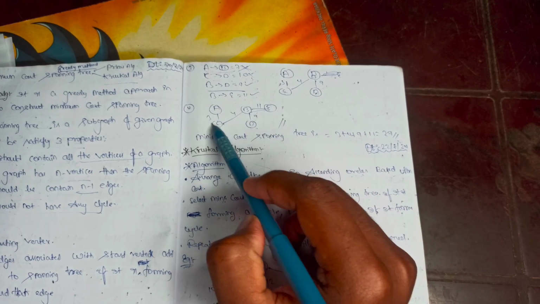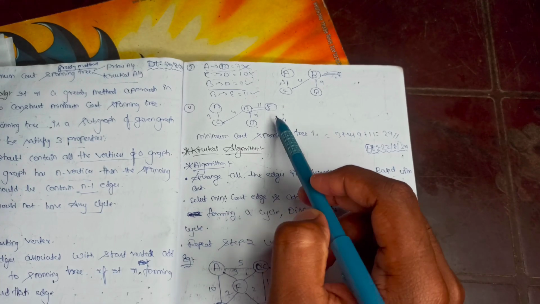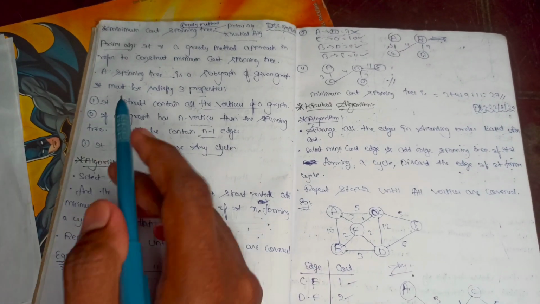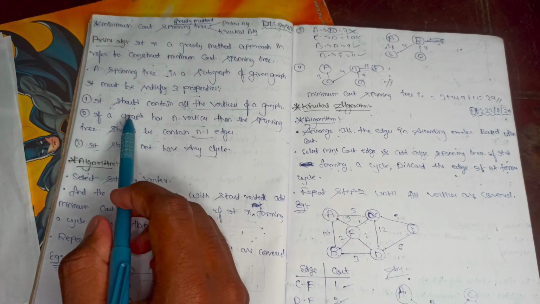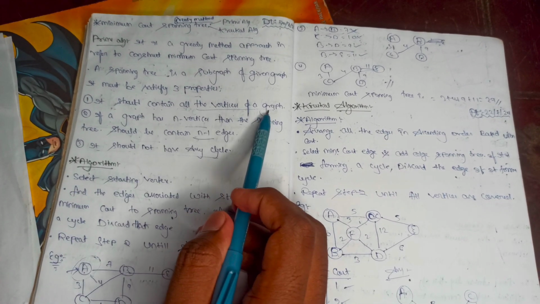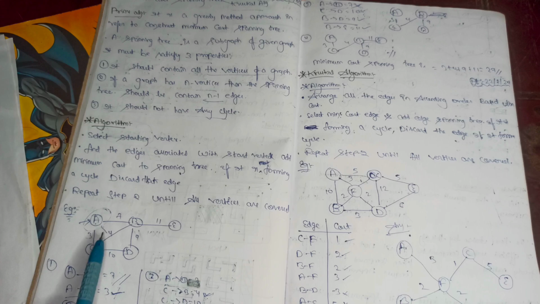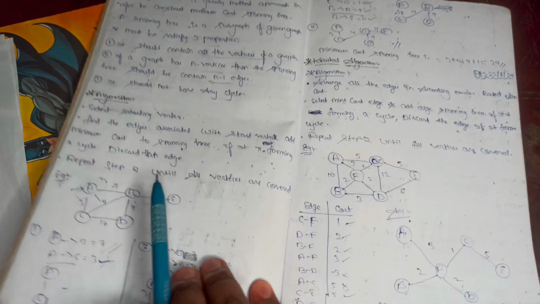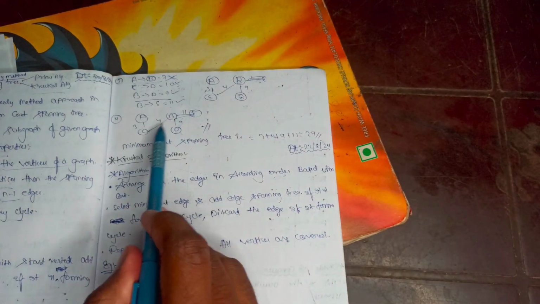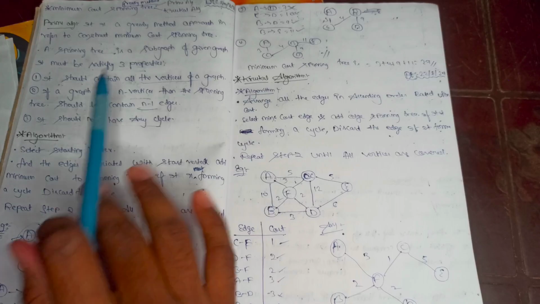Now, what are the rules? It should contain all the vertices of a graph. The graph vertices are a, b, c, d, e, and we have a, b, c, d, e here. Satisfied.